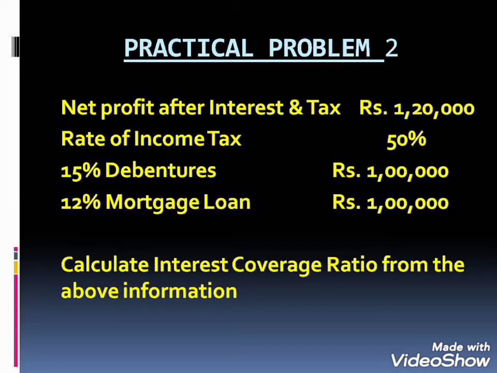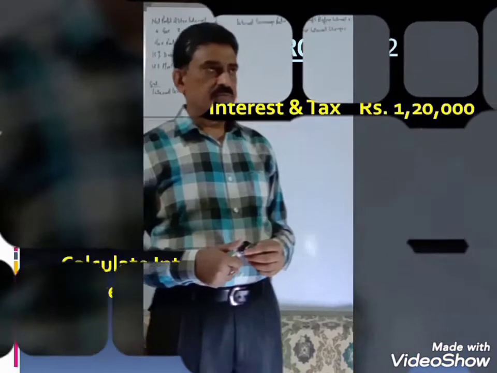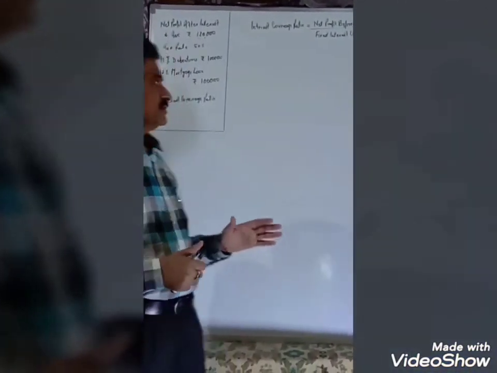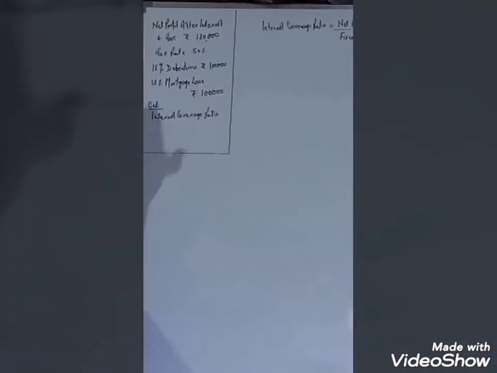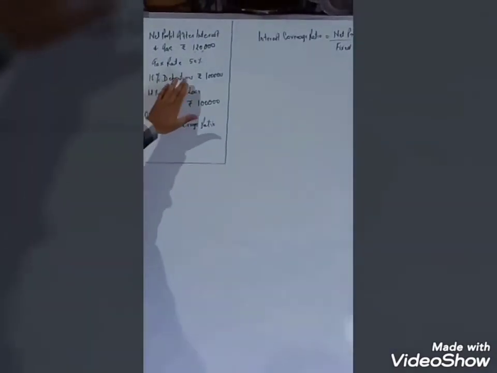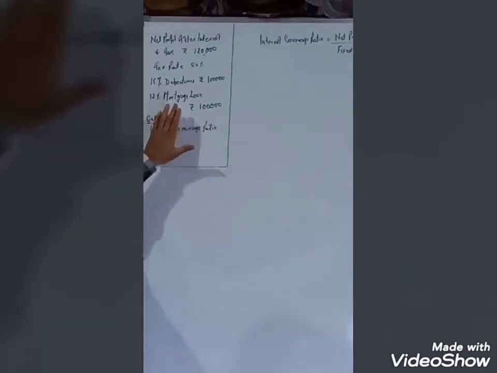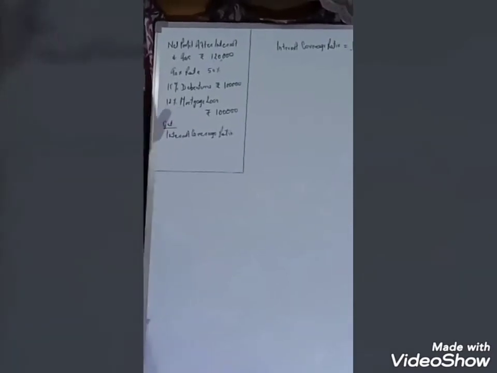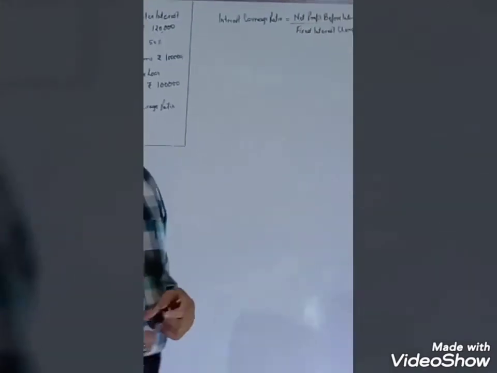For the calculation of interest coverage ratio, we had taken a question. Net profit after interest and tax rupees 1,20,000. Tax rate is 50%. 15% debentures rupees 1 lakh and 12% mortgage loan is rupees 1 lakh.